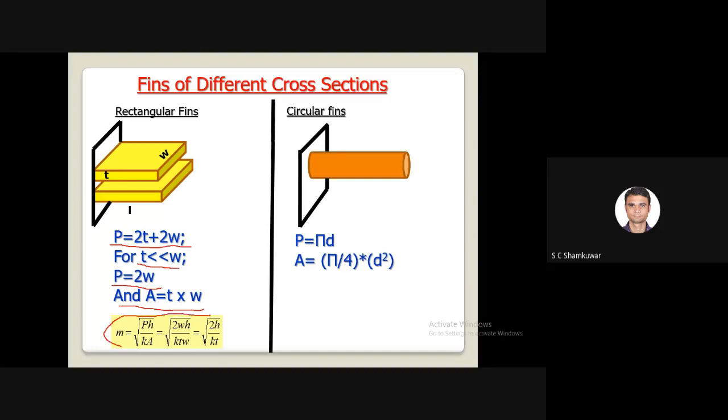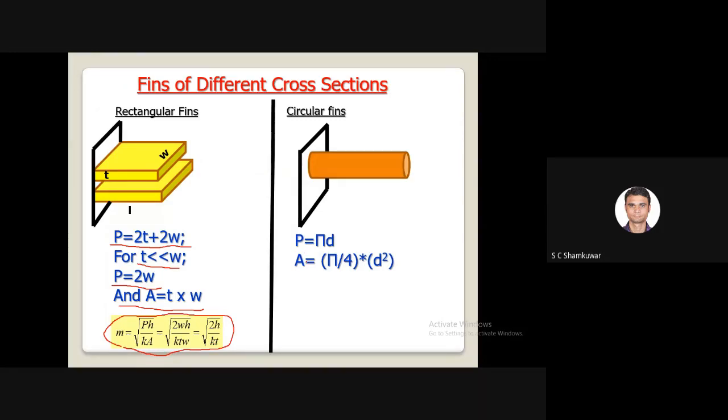This changes m. What is m? Under root PH by KA. If the perimeter is equal to twice W, then this will change. If the thickness is very small compared to the width, we replace P by 2W, and you will get m equal to under root of 2H divided by KT.